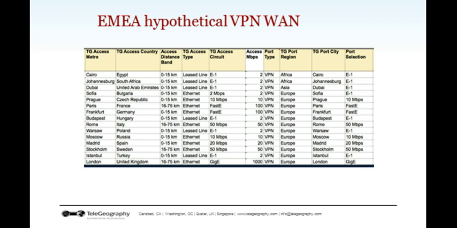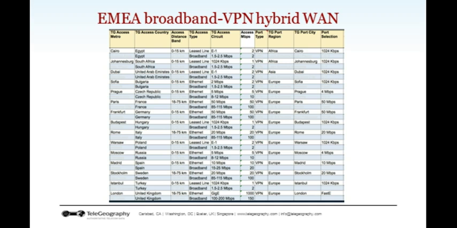You can't see it in this screenshot because we didn't have space, but we have a typical class of service mix at each of these sites: about 25% of the port at voice and video, 50% at real-time data, and 25% at best efforts.